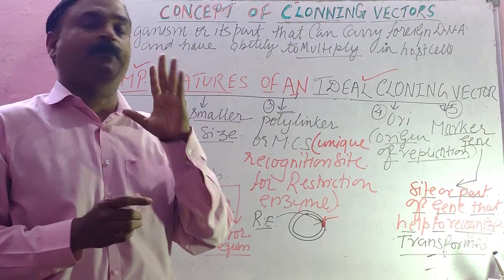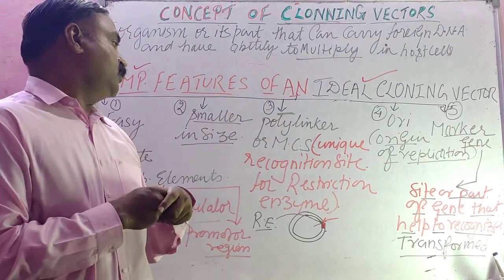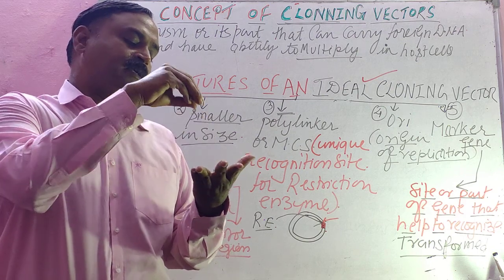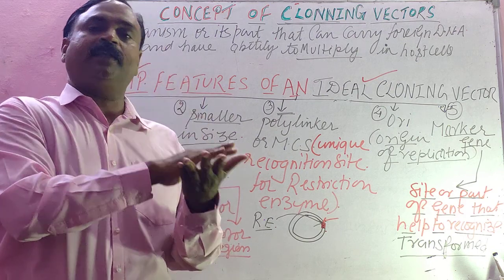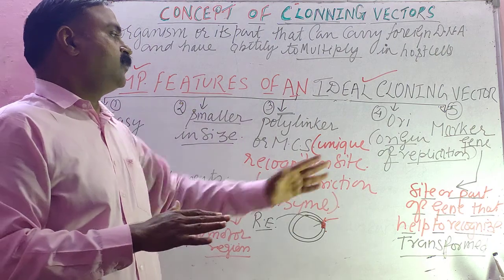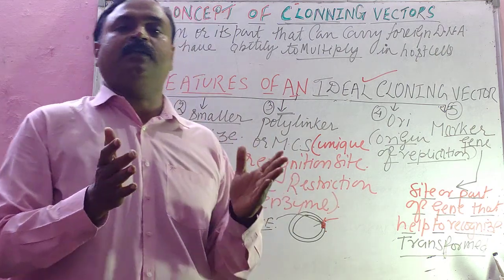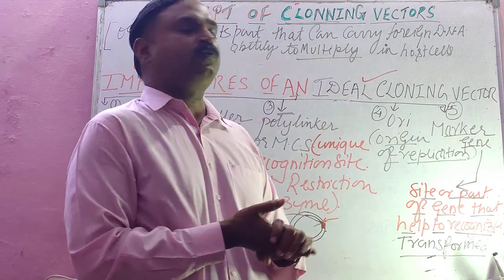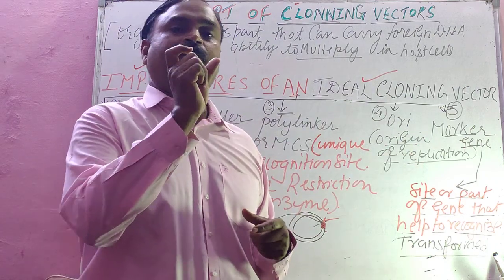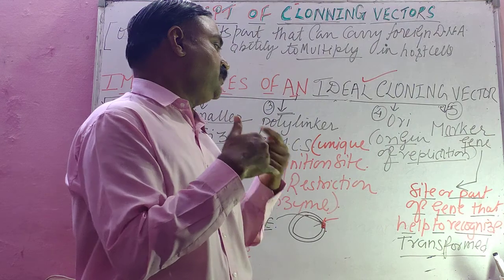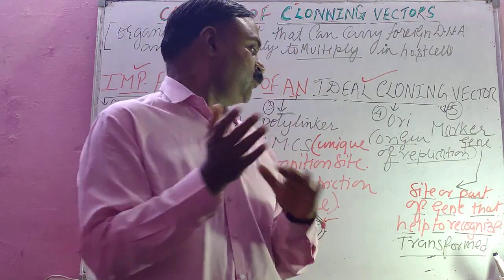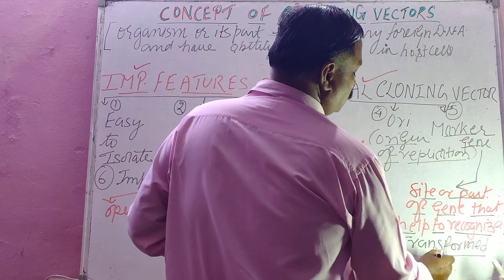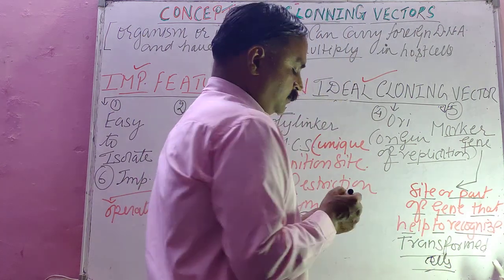Very important, asked for 1 mark this year. That is the unique recognition site where the restriction enzyme recognizes and cuts the DNA. Then fourth one is it should have origin of replication where the multiplication of DNA occurs. Fifth one, it should have marker gene. Marker gene is that part of the gene which helps us to recognize the transformed cells. Thank you.